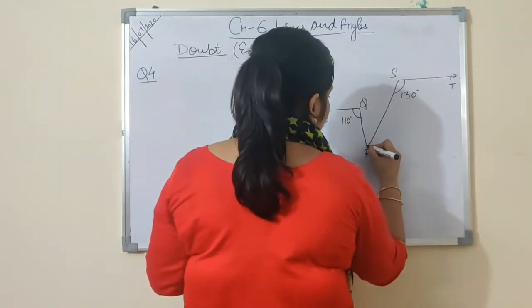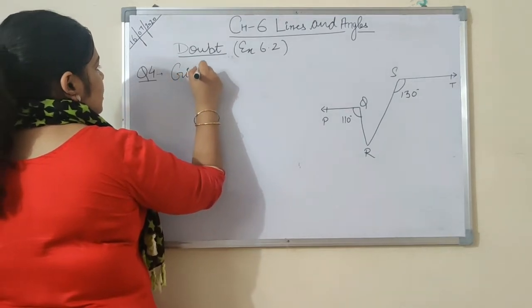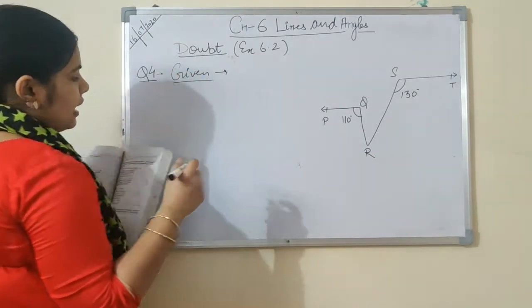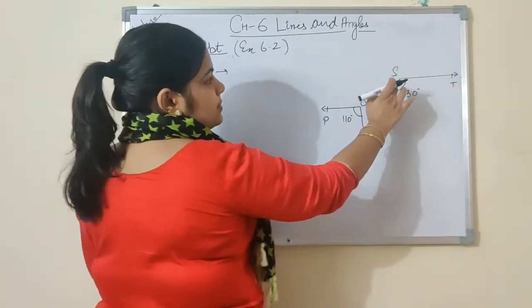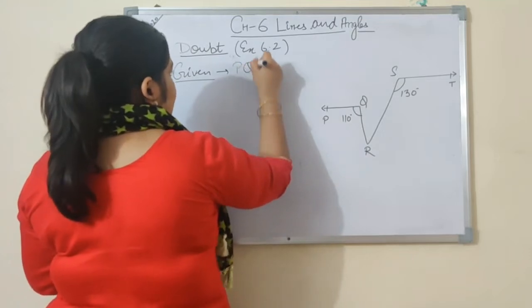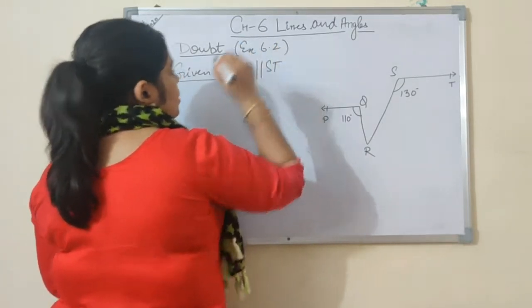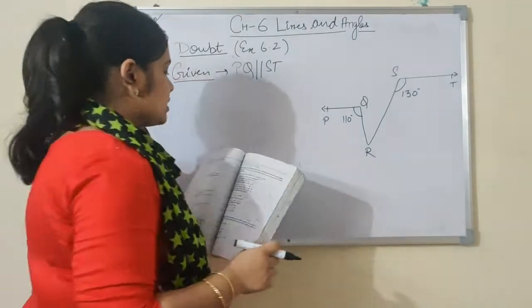Now listen, according to this figure, what is given to us? Given is that PQ is parallel to ST, so I am writing over here that PQ is parallel to ST. Then what else is given?